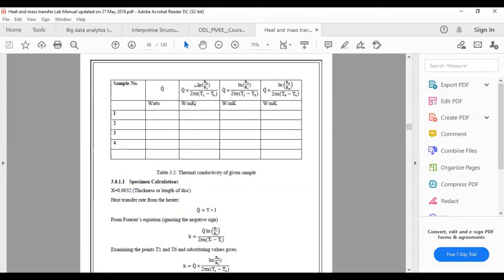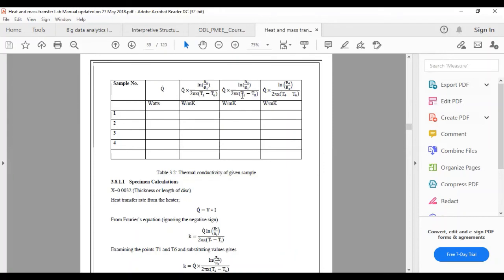If you want to calculate the thermal conductivity on some different section or some different radius, then again you will use this formula in this way, but you will change the values of the radii and temperatures. For example, here we are using R3 and R1. We know the values of R3 and R1, and then the values of T1 and T3.